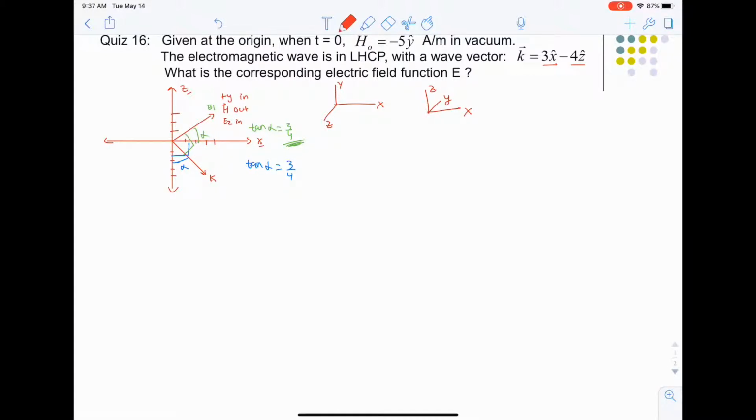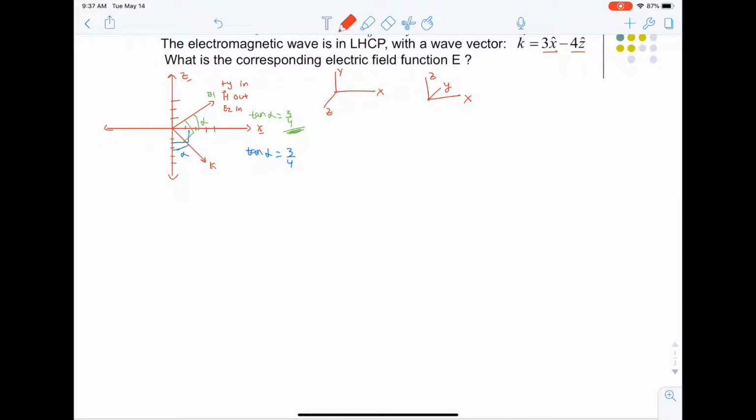So we know that E1 is, I just said, 4x plus 3z. We're going to divide it by 5 to normalize it because the magnitude of 4 and 3 is 5.